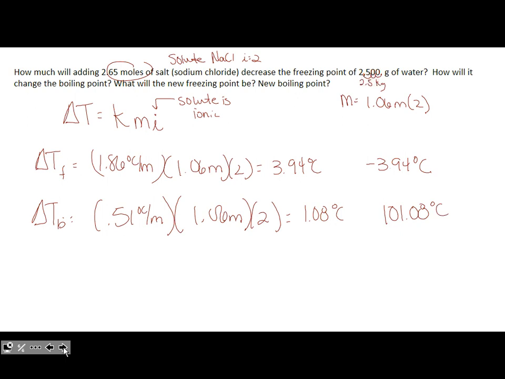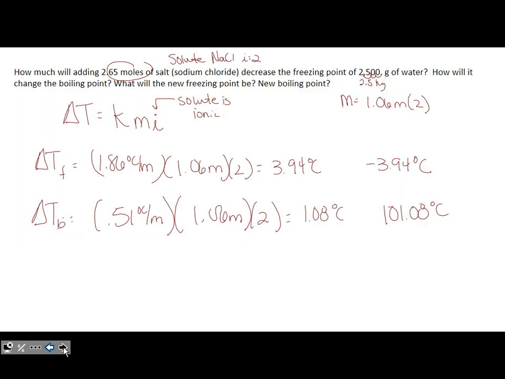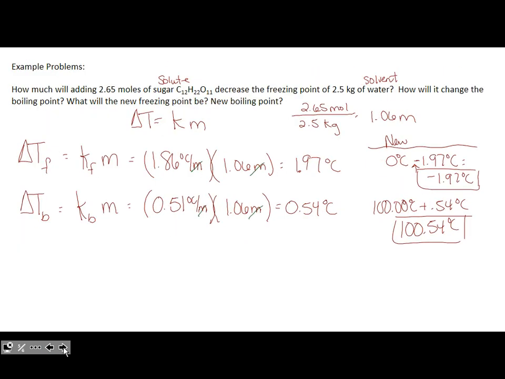So when you consider a covalent solute versus an ionic solute, covalent solutes are always going to change the colligative property less than equal molal ionic solutes. Let me say that again.